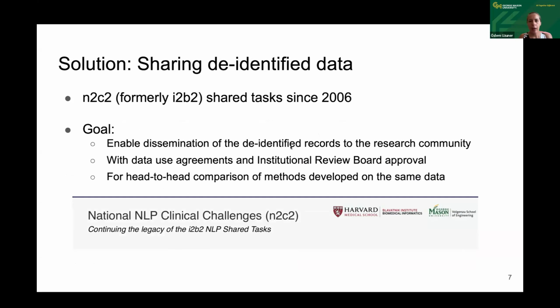Of course, everything happens with appropriate data use agreements. With this data set, the idea is that we can build a benchmark data set on which all the different methods by different researchers can be developed and evaluated, helping us identify the state of the art.